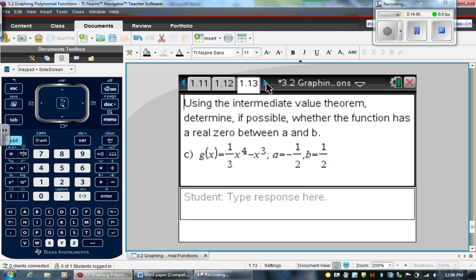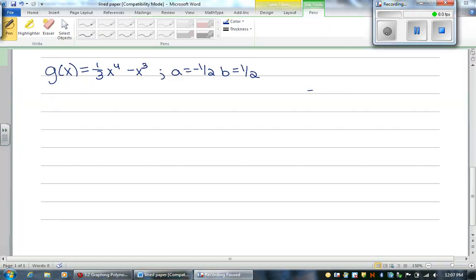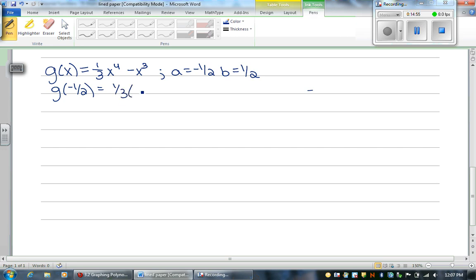Okay, so let's try another. We're going to find g of negative 1/2 to start. And that gives us the value of 7/48. g of positive 1/2, oops, sorry about that, I lost my negative signs.